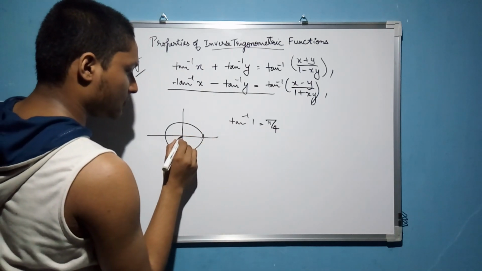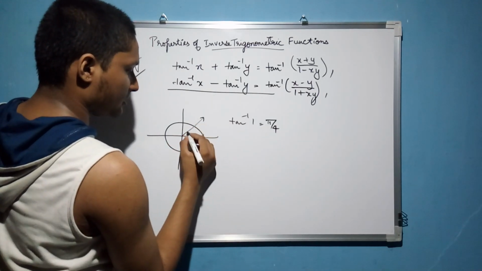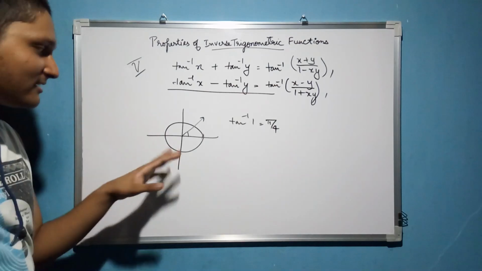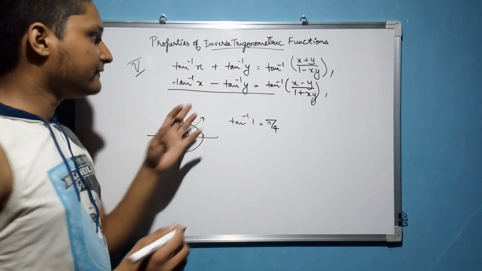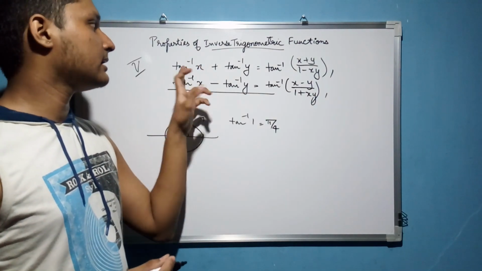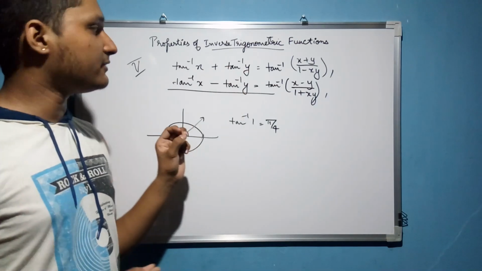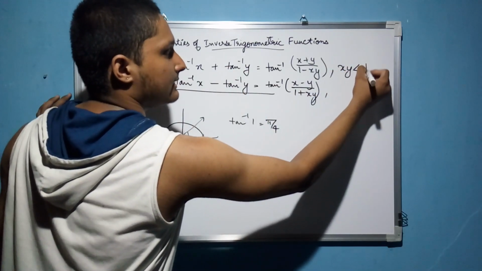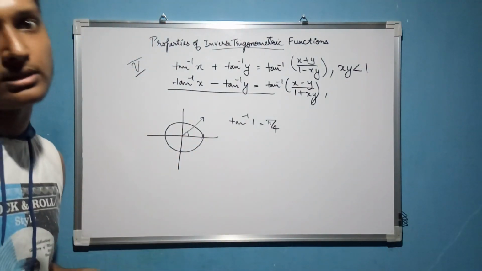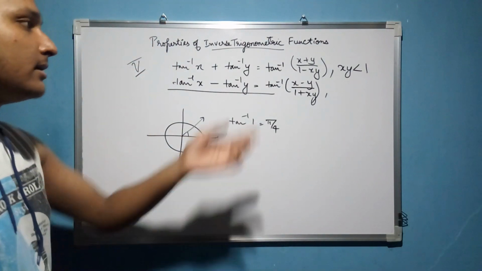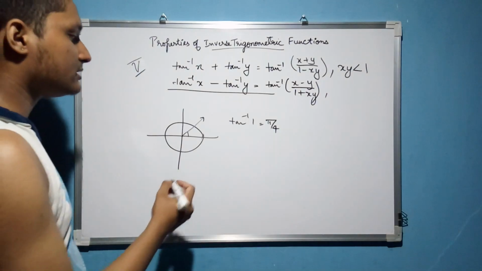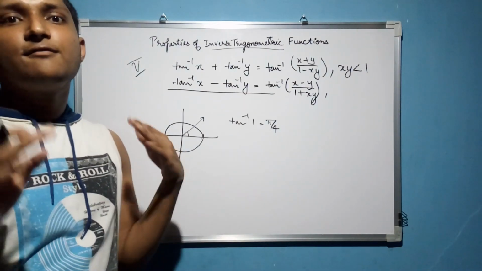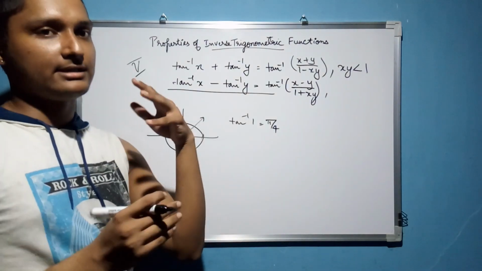Therefore the angle pi by 4 comes to be here. I'm just drawing a rough thing. This is pi by 4. And if I'm going to add two numbers, x plus y, the condition comes to be xy should always be less than 1. That is, the product of the two terms should always be less than 1. So if I consider one example, when you are given a condition, you need to always think in the opposite direction.